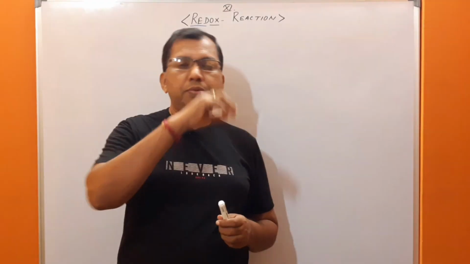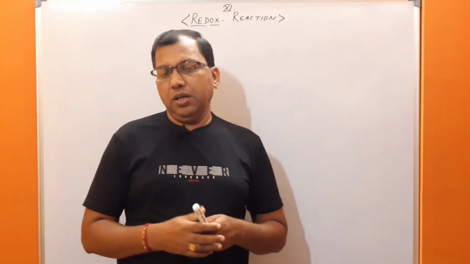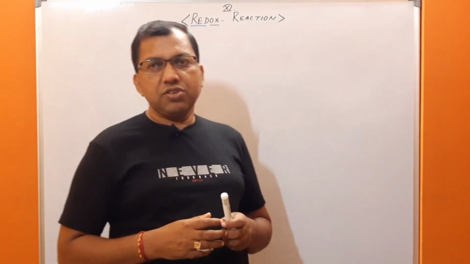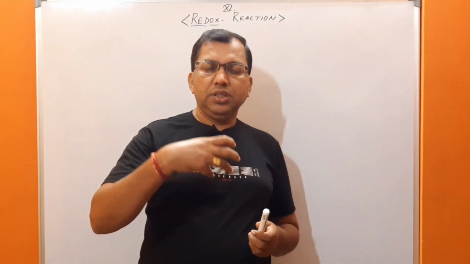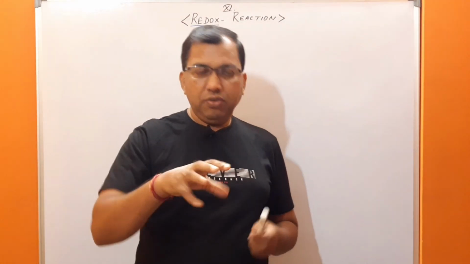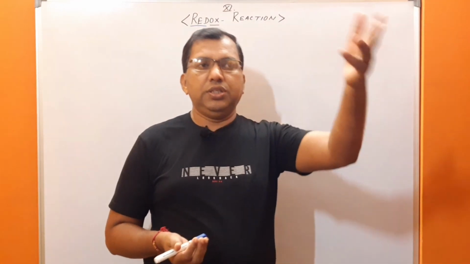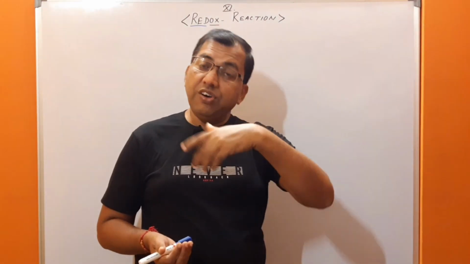What is the definition of oxidation and reduction? The loss of electron is known as oxidation and gain of electron is known as reduction. When an element or atom loses electrons, it is said to be oxidation.